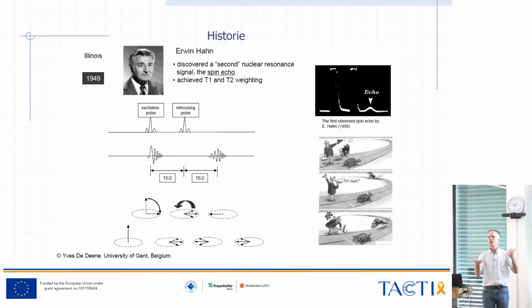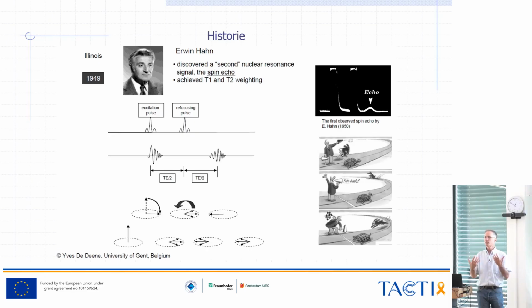So those field inhomogeneities, which are constant over time, you will be able to recover. But those which are playing on a much smaller time scale, like the neighboring atoms hitting each other and changing the phase, which I explained for the T2 relaxation, can't be recovered because those are stochastic effects.